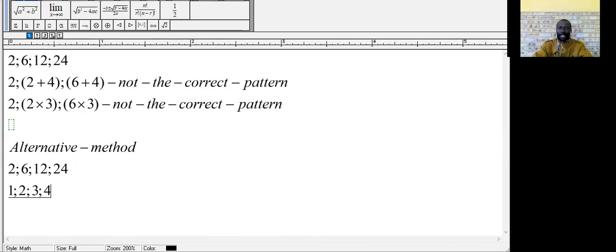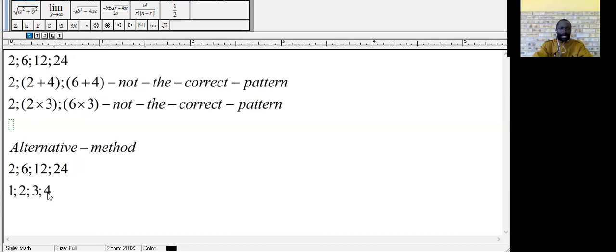Is that kind of thing true? For example, you can see that when you multiply the first term by 2, you get this. When you multiply rather by 3, multiply the first term by 3, you get the second term. Multiply the second term by 3, you get the third term. Multiply the third term by 3, you get the fourth.